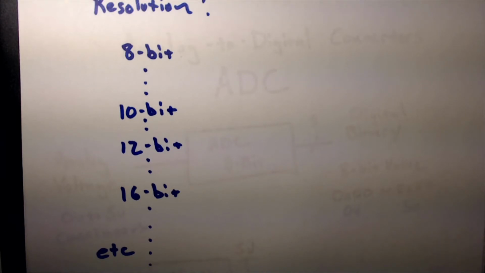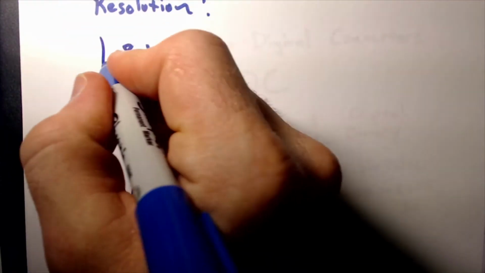The more bits that we have, the more precise a measurement we can take, the more accurate the analog digital converter is. For the sake of keeping this easy at first, we're going to stick with 8 bits.